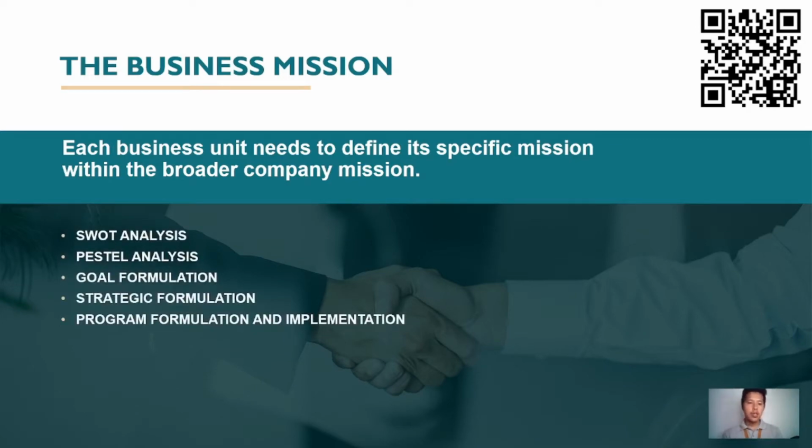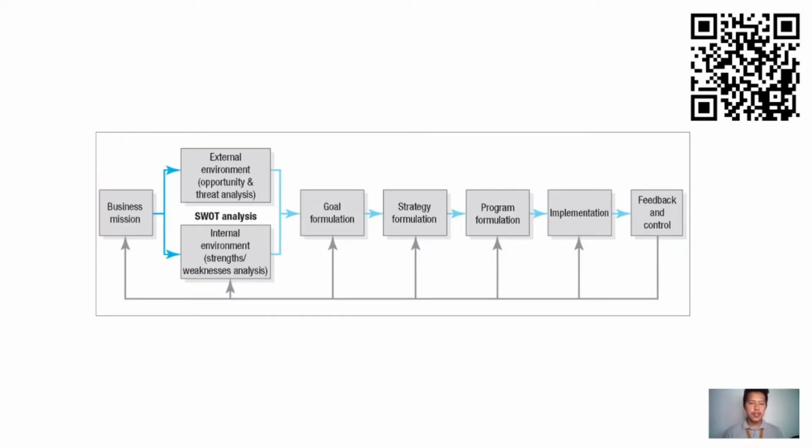Now, when we're talking about business or strategic business units, we'll also be talking about SWOT analysis or PESTEL analysis, goal formulation, strategic formulation, program formulation, and implementation. Here is an example of how a strategic plan is conducted and implemented in the context of a business unit.